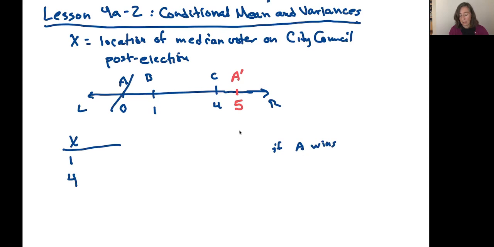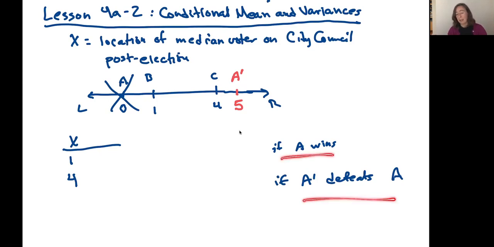So now we don't have A anymore, and the new council would be person B, person C, and person A prime. And so if A loses the election and is replaced by A prime, now C is the median voter here. So that's if A prime defeats A.